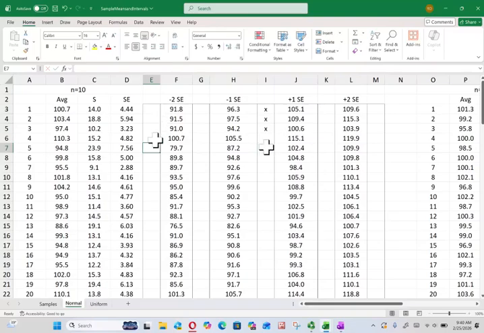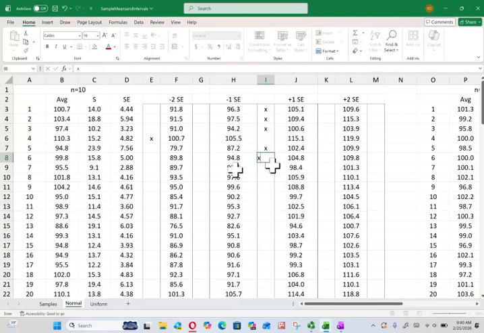The next one. Just go down the list, find where the average lies in that interval for that particular sample. Most of them should be in the middle.